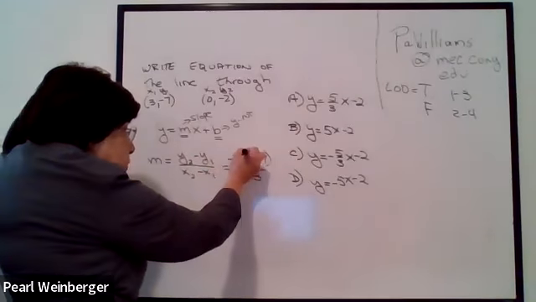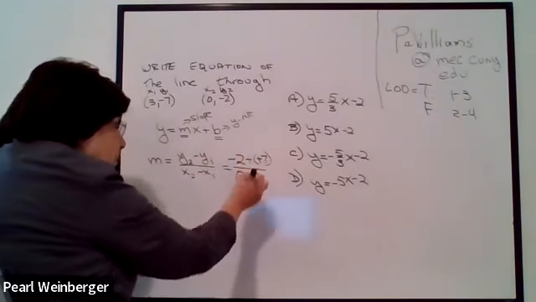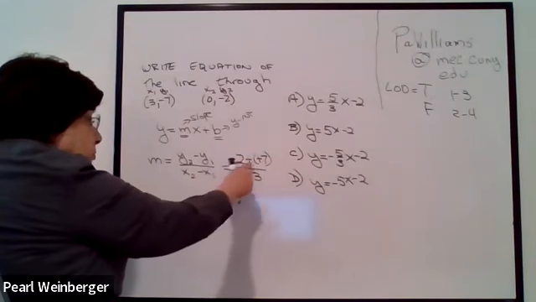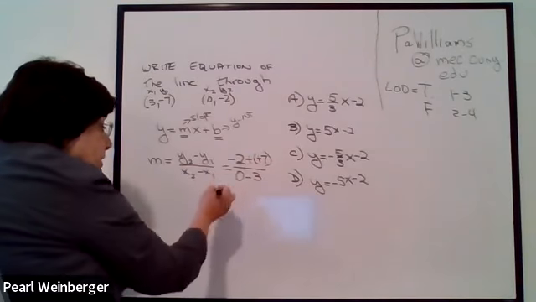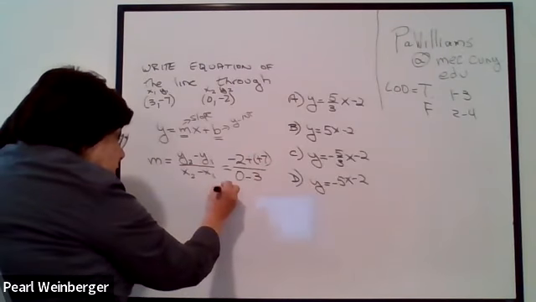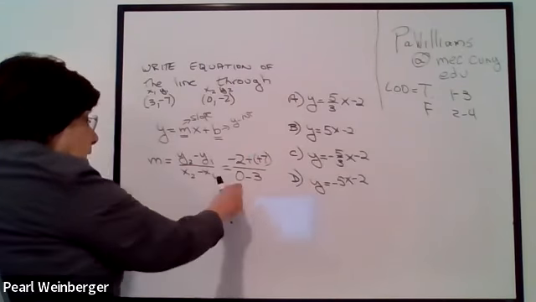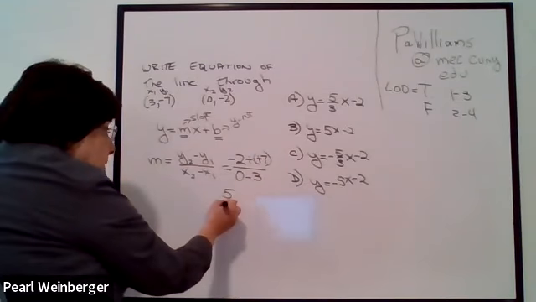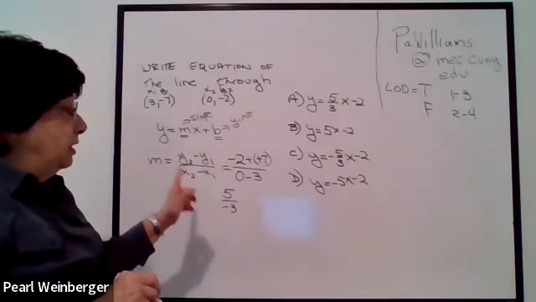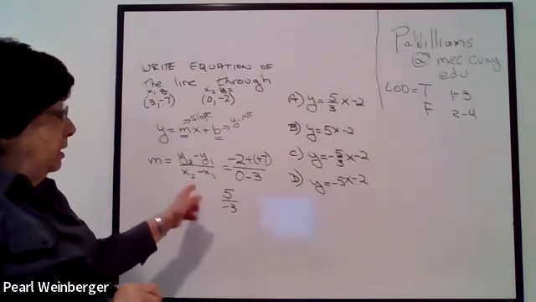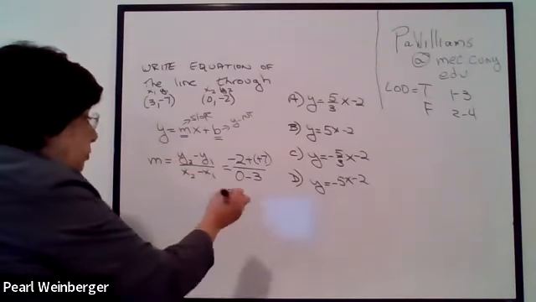If you remember, when you have two negatives, the two negatives turn to pluses, and really this becomes -2 plus 7, which is +5. And on the bottom, 0 minus 3 is just -3. So our slope for this equation is going to be -5/3.